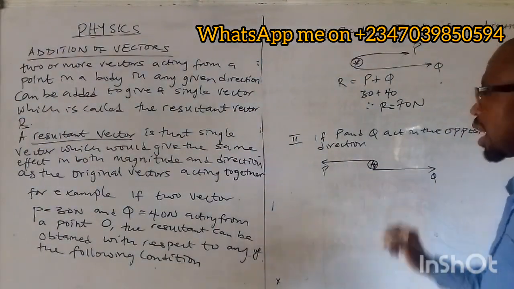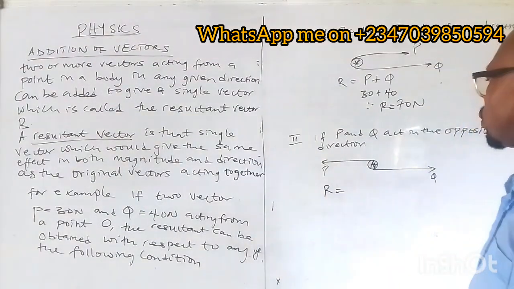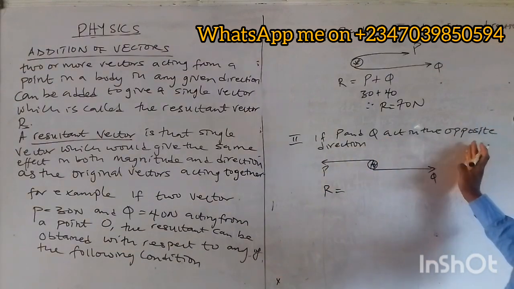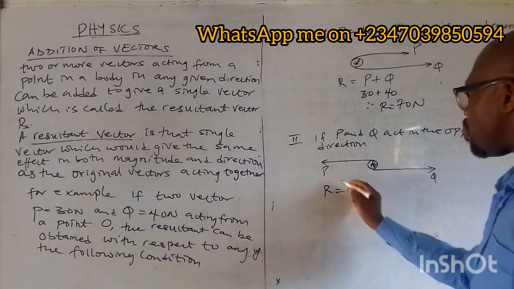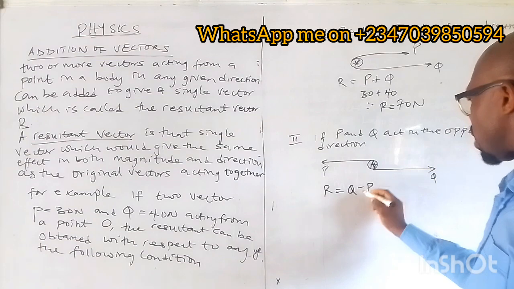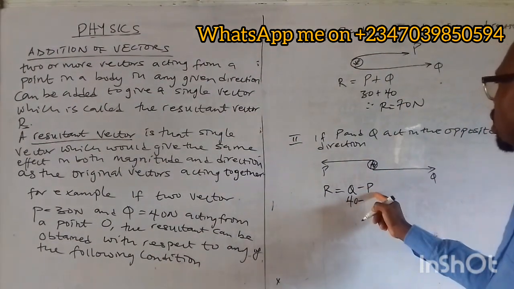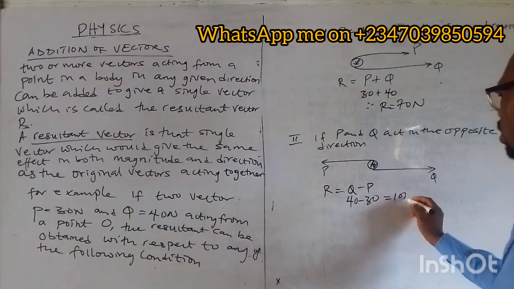We can always get the resultant. The resultant R is equal to, from the Cartesian plane, we know that this side is positive, this side is negative. So we can say, since P is here, Q minus P. Now Q is 40, 40 minus P, P is 30, which will give us 10 Newton.